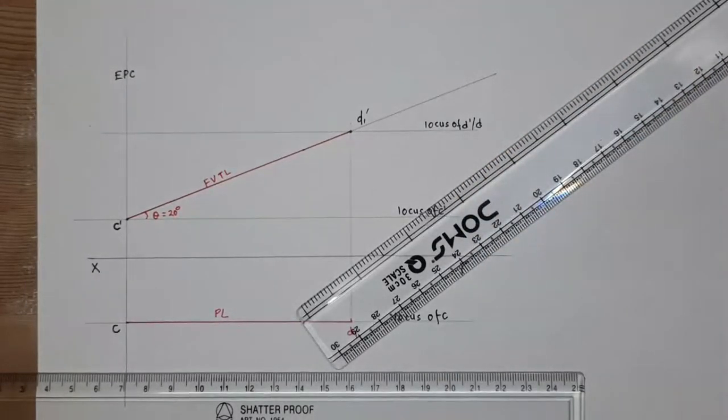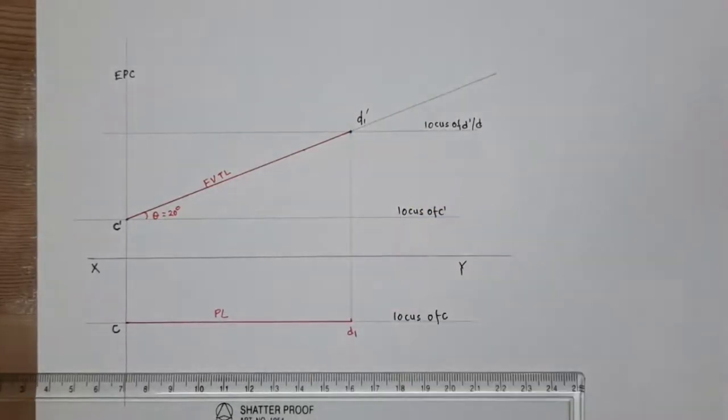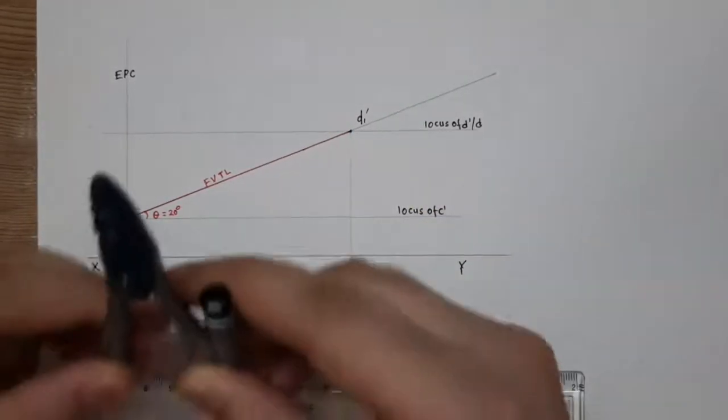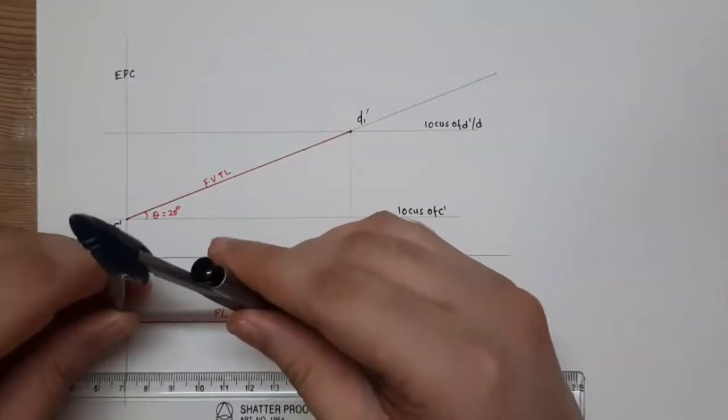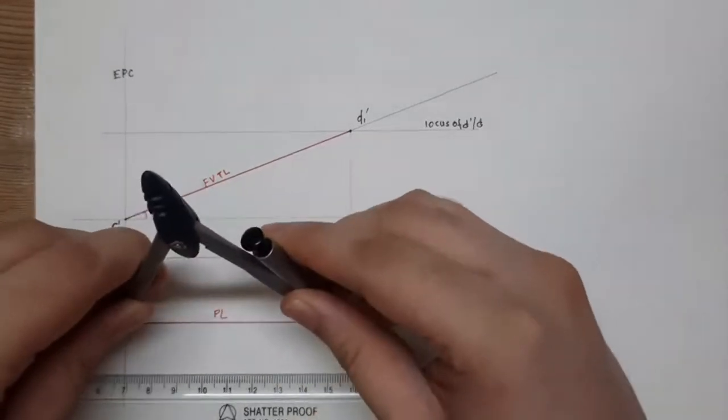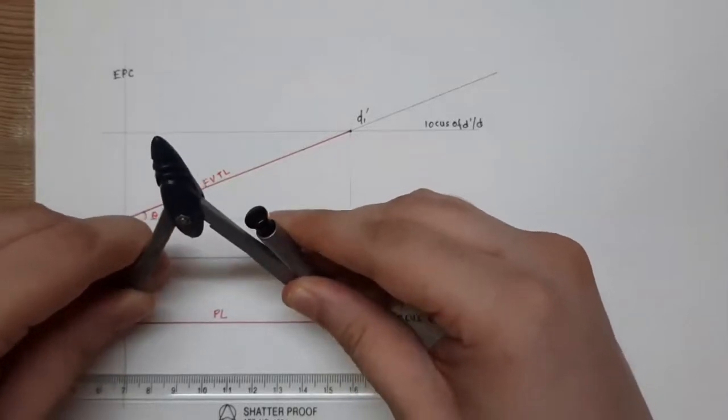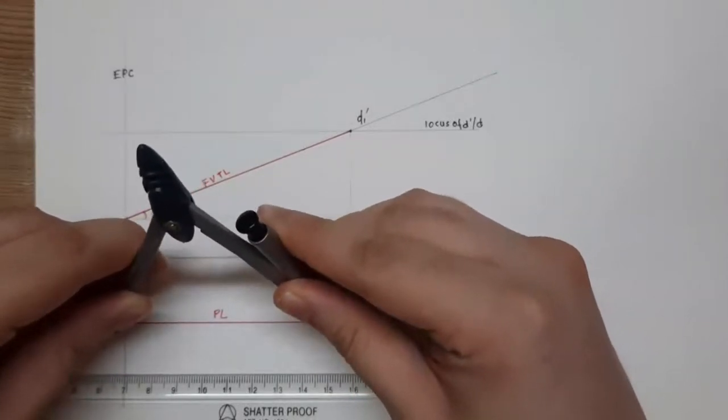So now what is the next step? The next step states that you have to rotate PL on the locus of D to get the top view of the point. So I am taking a distance equal to PL in my rounder.